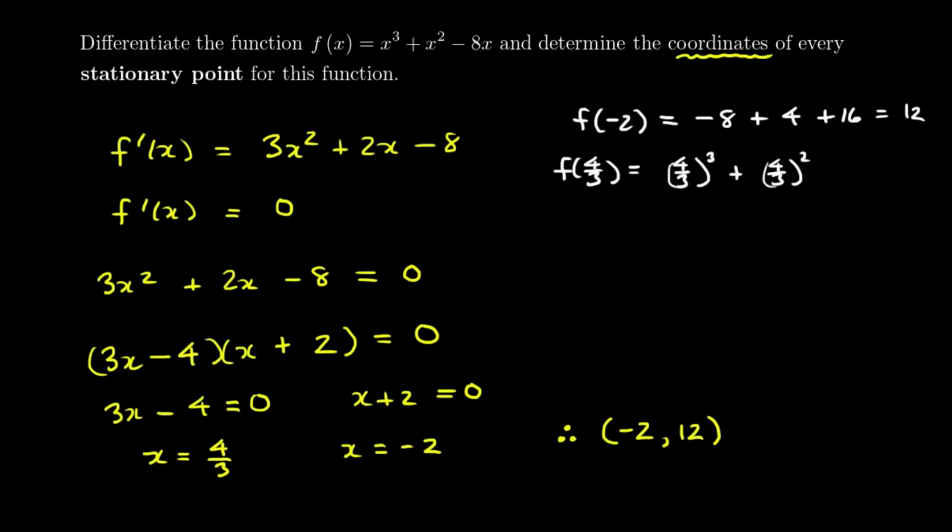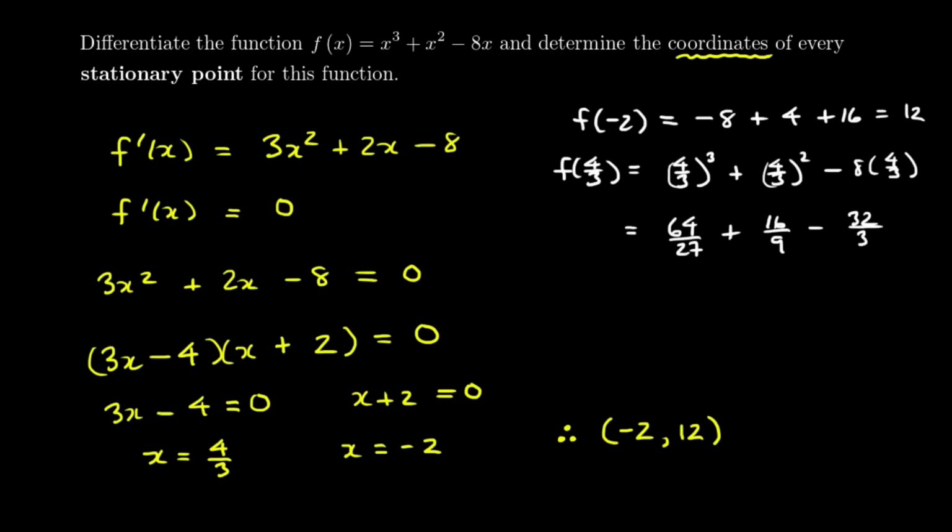So 4/3 cubed, 4/3 squared, and then minus 8 times 4/3. So that's going to give me 64 over 27, cubing the top and the bottom, and then squaring top and bottom, and just multiplying 8 times 4/3, which is 32 over 3.